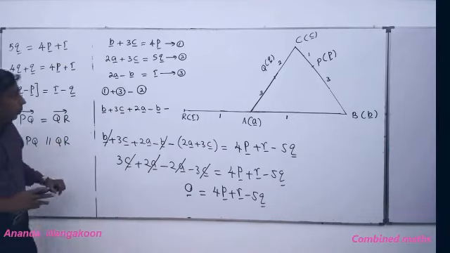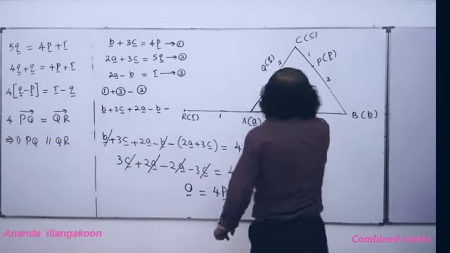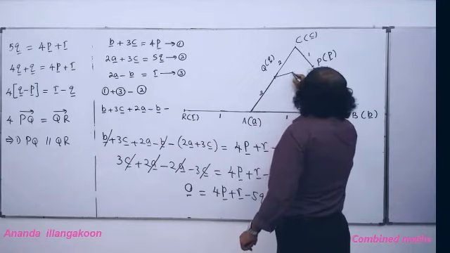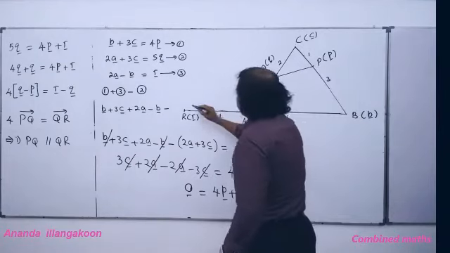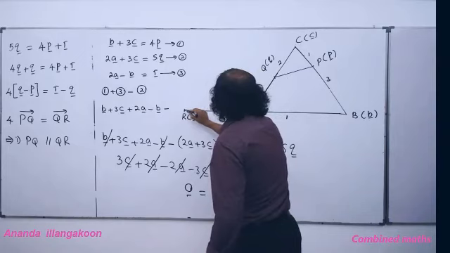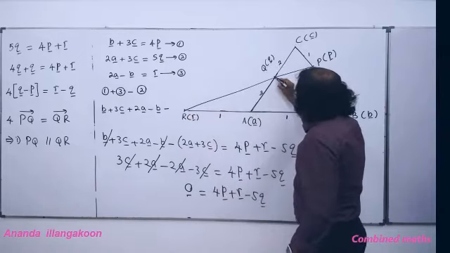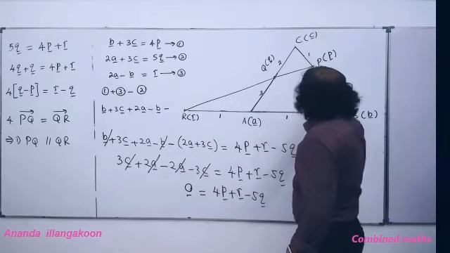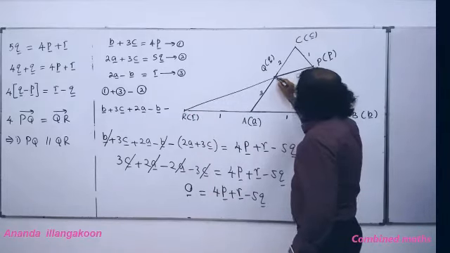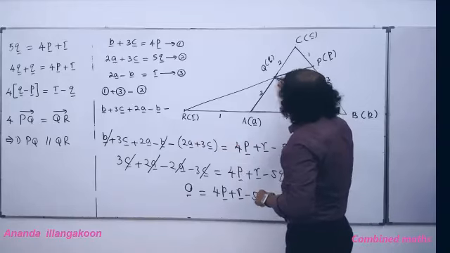Here, PQ and this is QR. Here, this Q is common. PQ line, right? And this QR line are parallel.